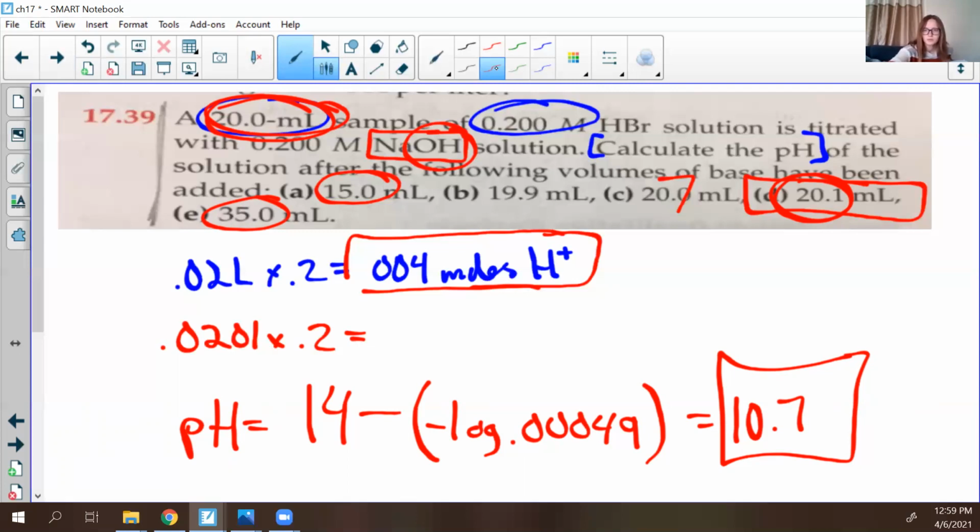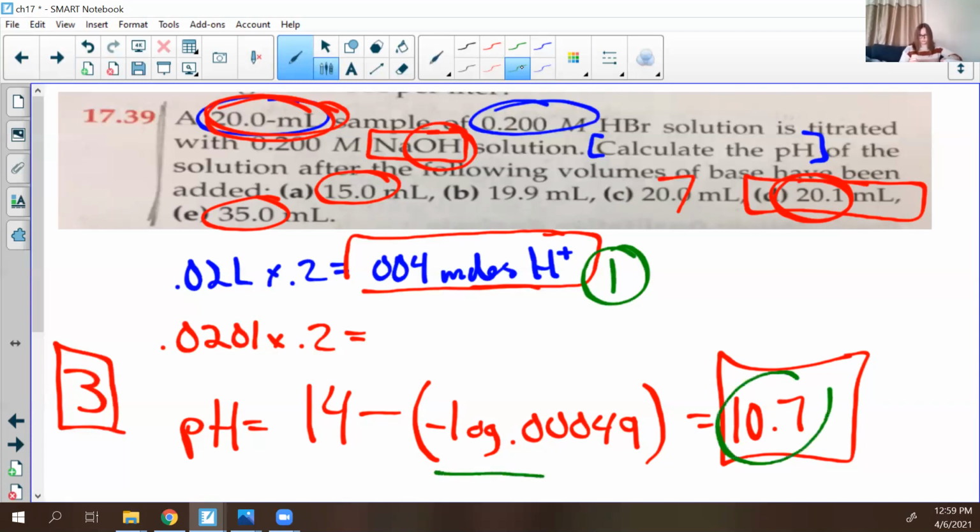This problem would probably be worth 3 total points. They'd say 1 point is earned for the calculation of the moles of H plus, 1 point is earned for the calculations, and 1 point is earned for the right answer.